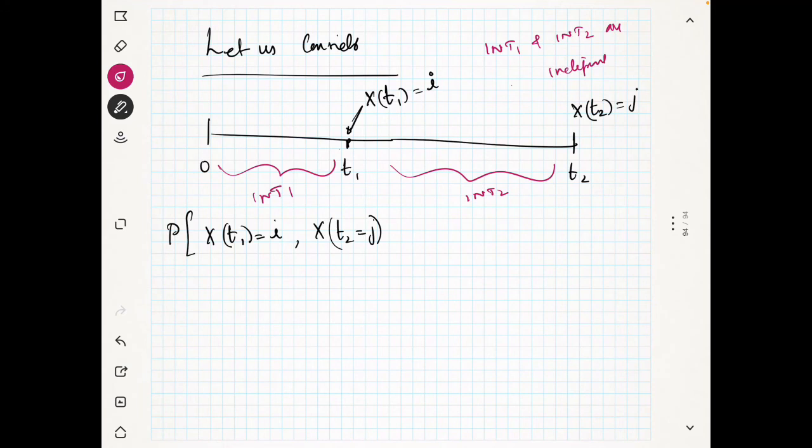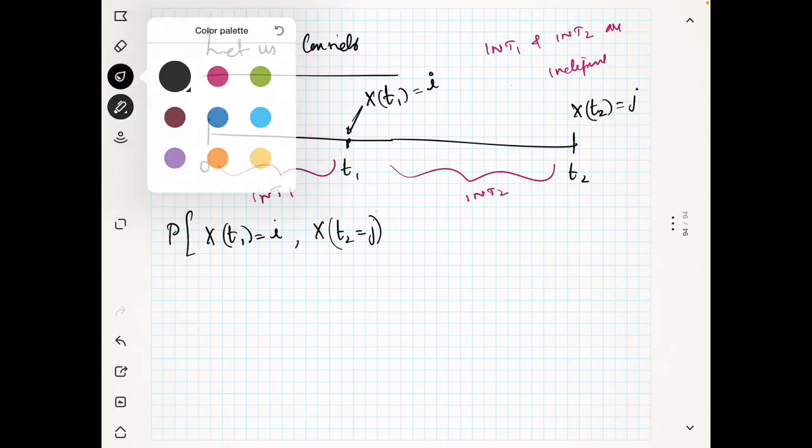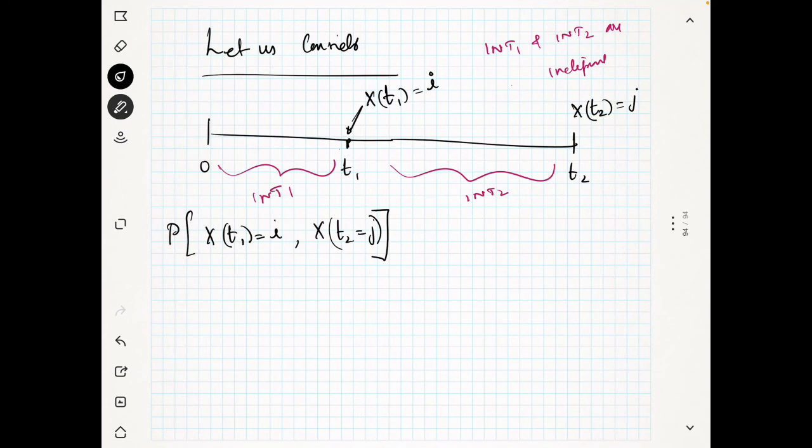Okay, so this is nothing but the probability that the number of arrivals at time t1 is i, and because they are independent, you can multiply the individual probabilities.